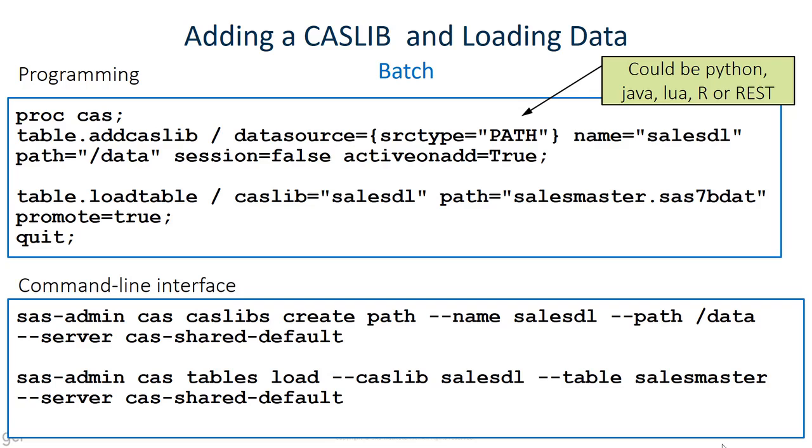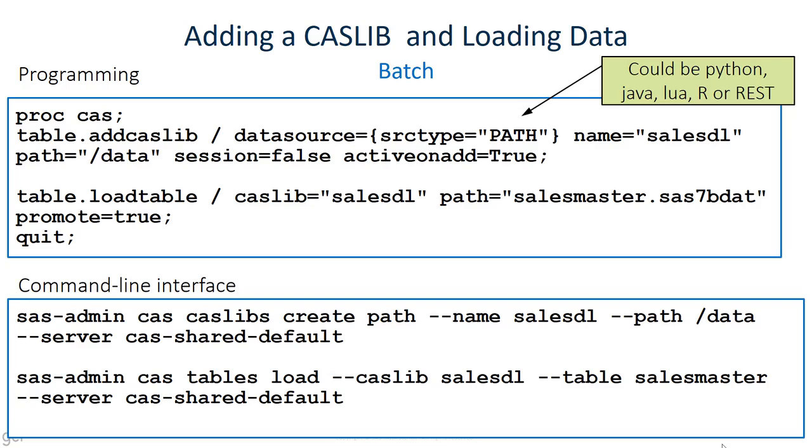And then the next step, after we define the CAS lib, we want to load data into memory. The table.load for our new CAS lib says load the file salesmaster.sas7bdat. So load a SAS dataset into memory. So that's how you would do it with proc-cas. And then the second set of syntax there is how to do it via the command line interface.